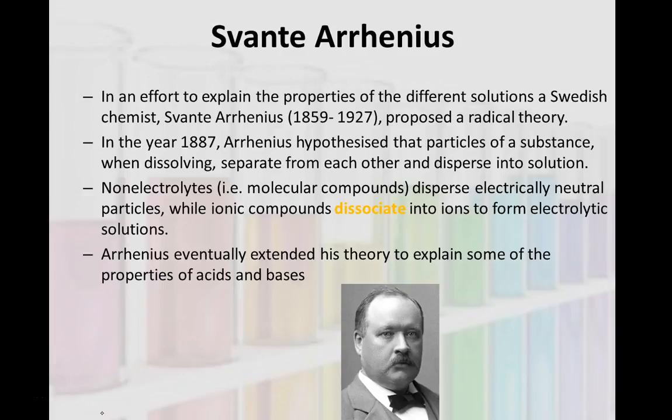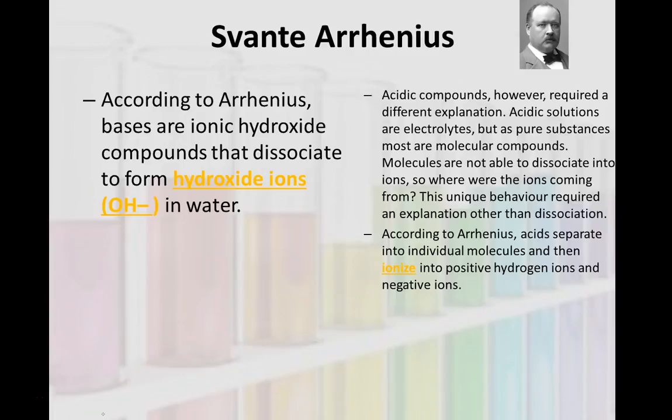Arrhenius looks at a theory that explains a little bit of acids and bases. So here's the basis of his theory. According to Arrhenius, bases are ionic hydroxides that dissociate to form hydroxide in water. So according to him, if something is a base, it actually has to have NaOH in it. The problem with this definition is it doesn't work for ammonia, which is basic, in a lot of house cleaners.